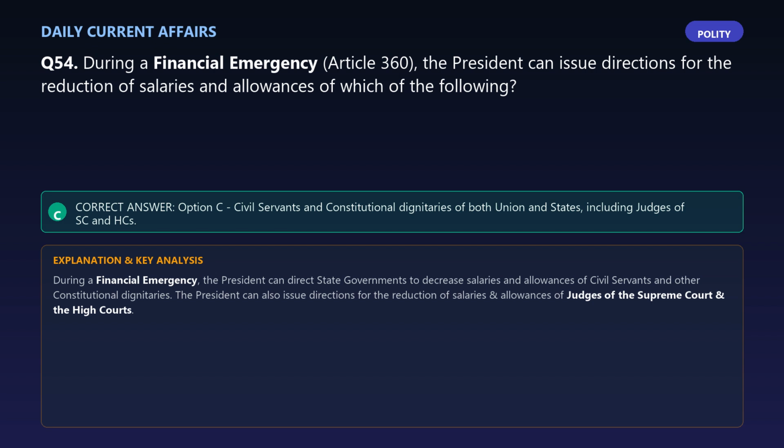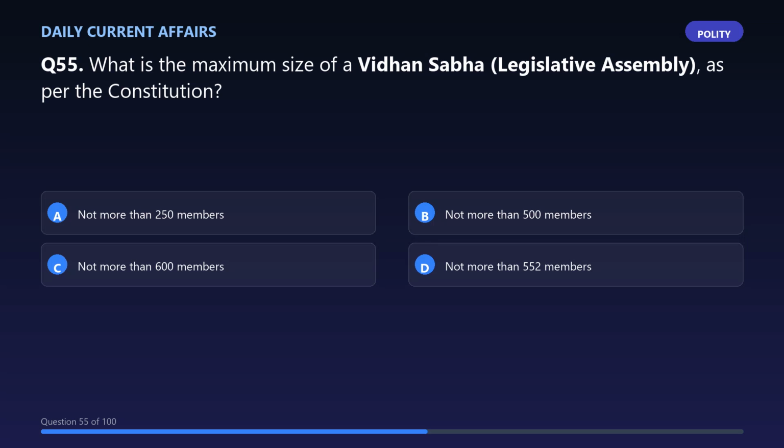Explanation: during a financial emergency, the President can direct state governments to decrease salaries and allowances of civil servants and other constitutional dignitaries. The President can also issue directions for the reduction of salaries and allowances of judges of the Supreme Court and the High Courts.